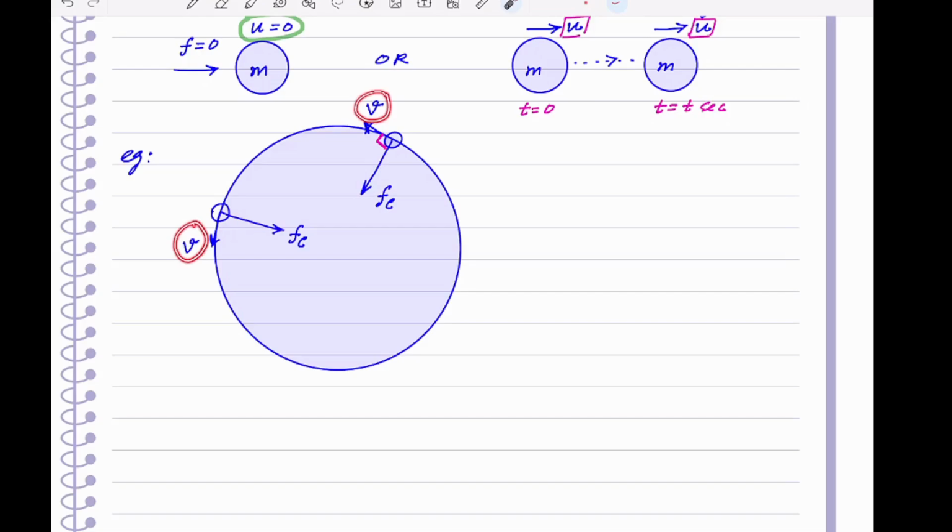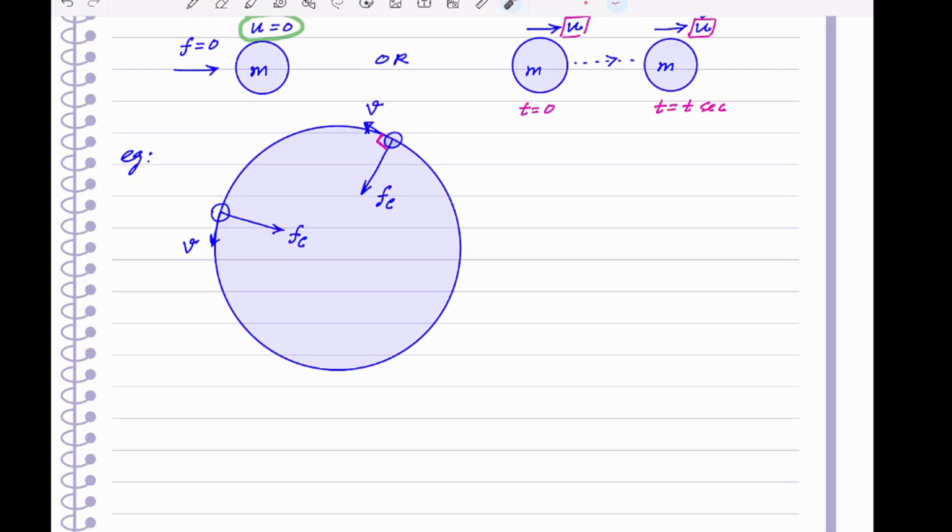Why is the speed not changing? There is no force acting towards the direction of the speed. If there is a force like this or like this towards the direction of the speed, then it is changing. Again, if there is a force given to this mass like this, then at this point the speed is going to be v1. It is changing because there is a force acting on that mass in the direction of the speed.